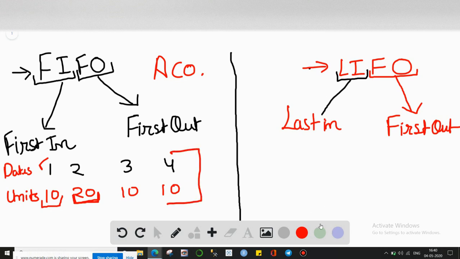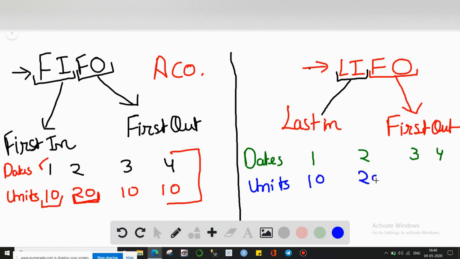Now let's come to LIFO method. Let's say suppose there are dates as usual, 1, 2, 3, 4, and let's keep the units as similar so that it will be easy to understand. Now what happens when a company applies LIFO method?